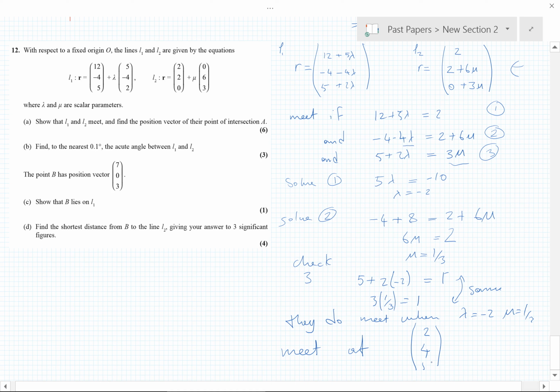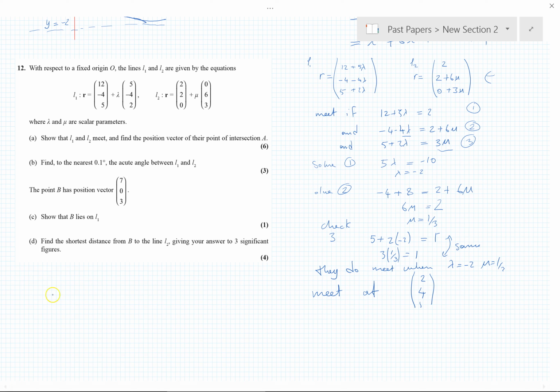Right, not too bad either, fairly standard. And this is pretty standard too, because it wants the angle between L1 and L2, and we use the dot product to do that. Yeah, we're going to use the dot product for B. Basically, the dot product of two vectors is equal to the moduli of the two vectors times cos theta, but we can find the dot product by multiplying the components.